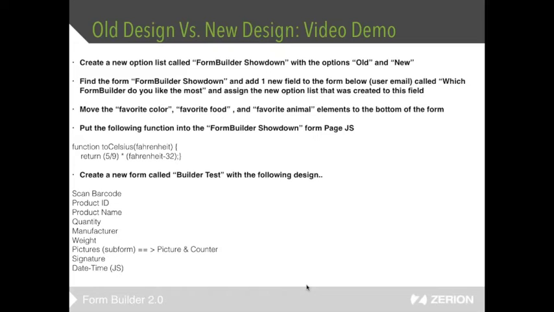The next question is about the generation of new option lists. In our classic version of the form builder, you were able to create a new option list when you're building out your form, which was a great asset to your form building process because you were able to do everything all in one location. With the new form builder, Form Builder 2.0, we separated it so that it's easier to update option lists.